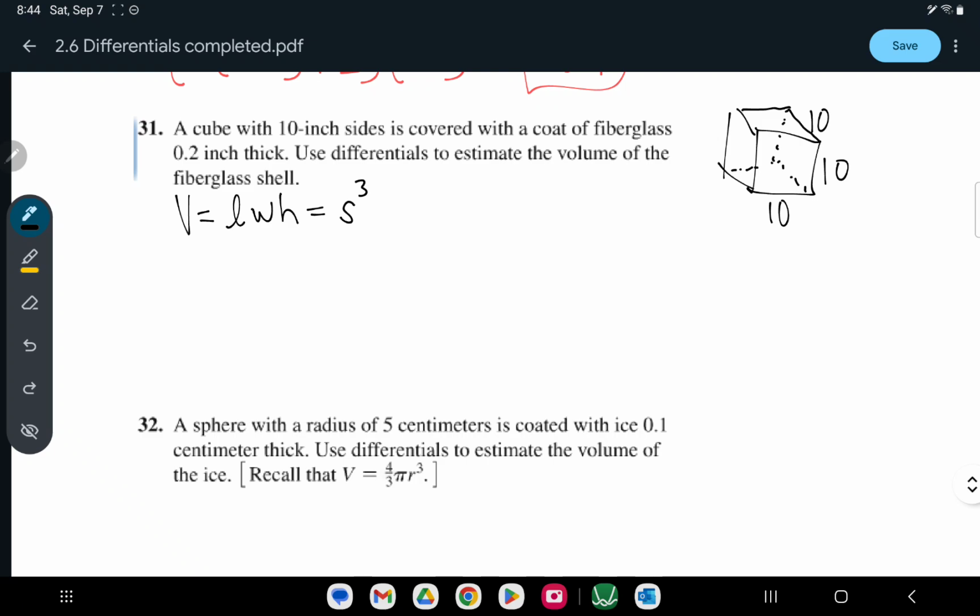But we have a fiberglass coating. So I'm going to look at one face of the cube. It has a 0.2 thickness everywhere.